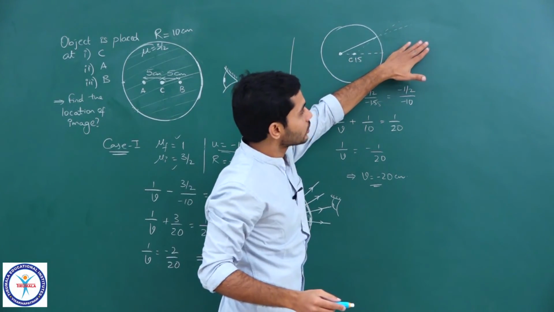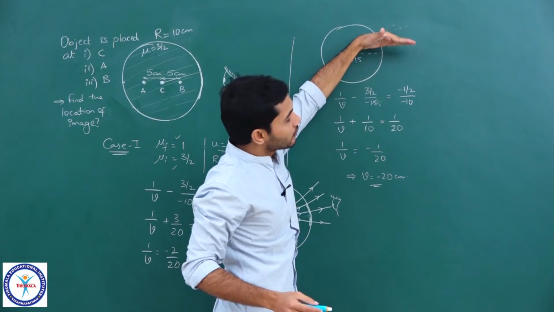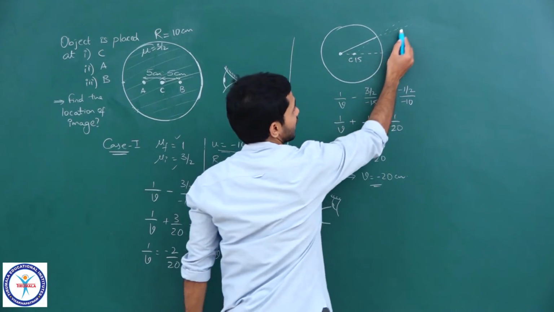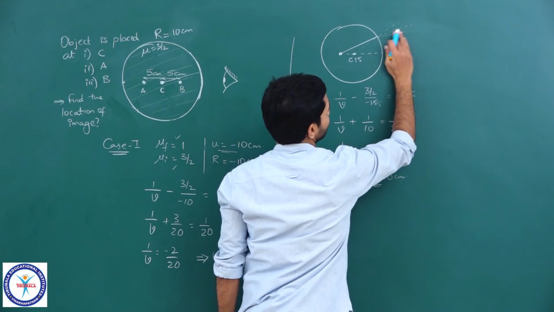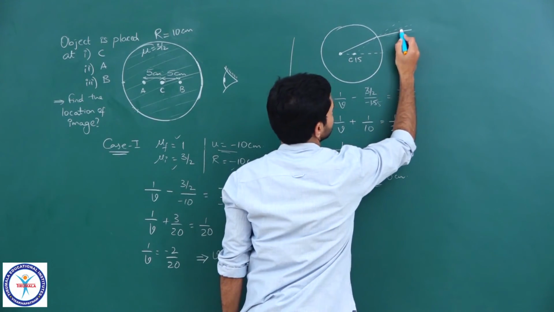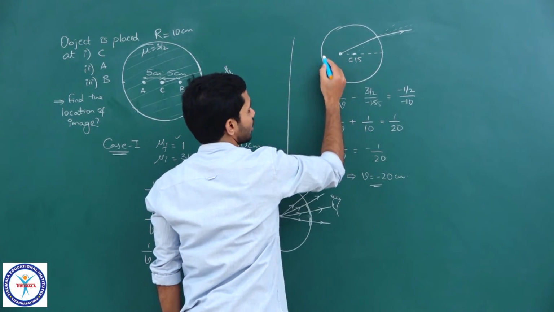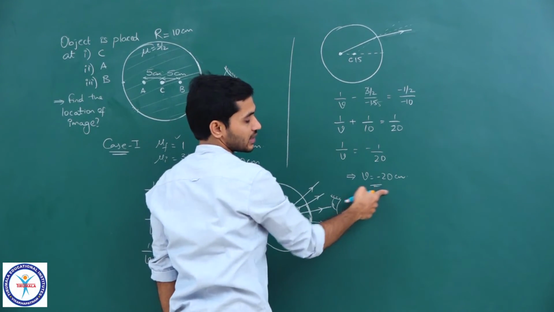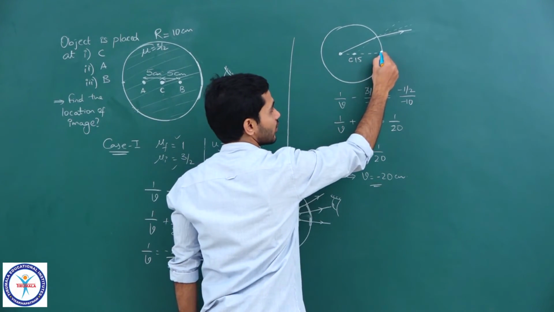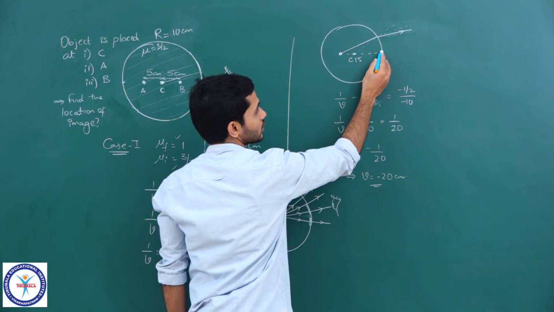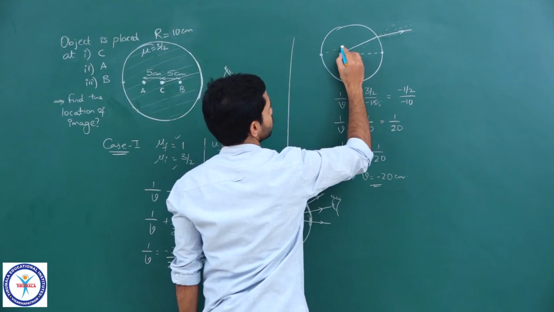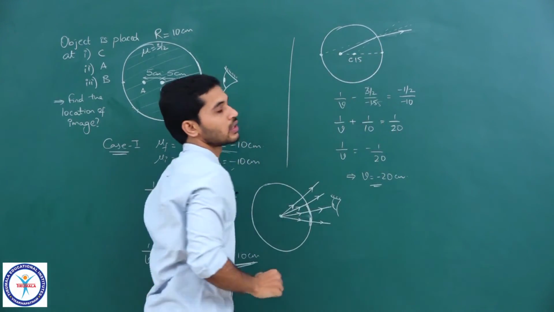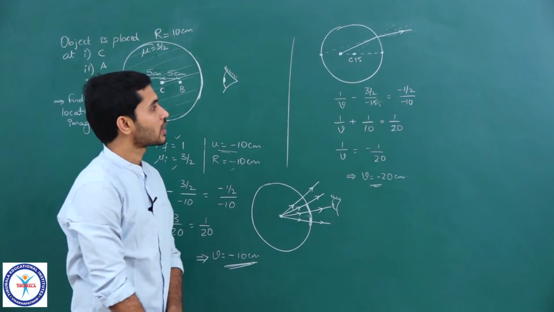Because it is entering a rarer medium, it is bending away from the normal. So, instead of travelling along this line, it is now travelling like this, in such a way that it appears to come from a point which is at 20 centimeters from the interface. From here, 20 means this. So, this light ray appears to come from here. That is how you should understand it, clear.